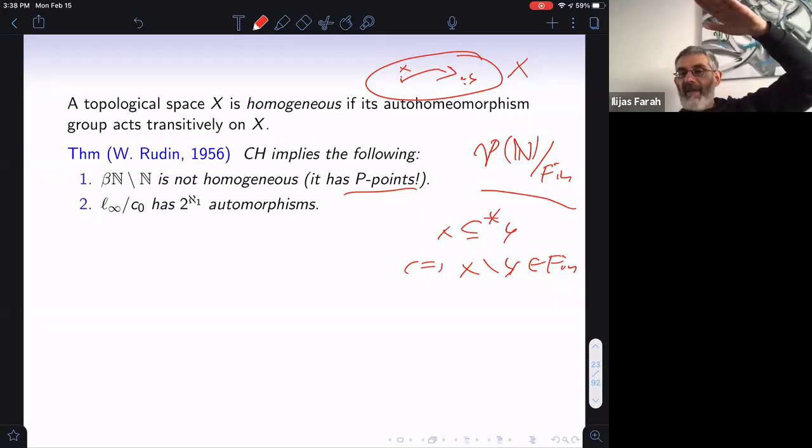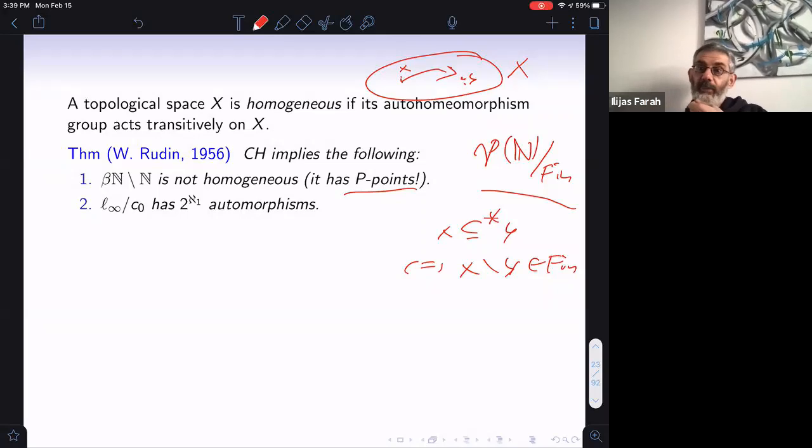Because for this countable family of open neighborhoods, their openness is verified by countably many elements of your sequence. And then there is a further set which is contained in all of them modulo finite. And okay, so those are P-points. Now, you see, any auto-homeomorphism sends a point with that property to a point with that property.